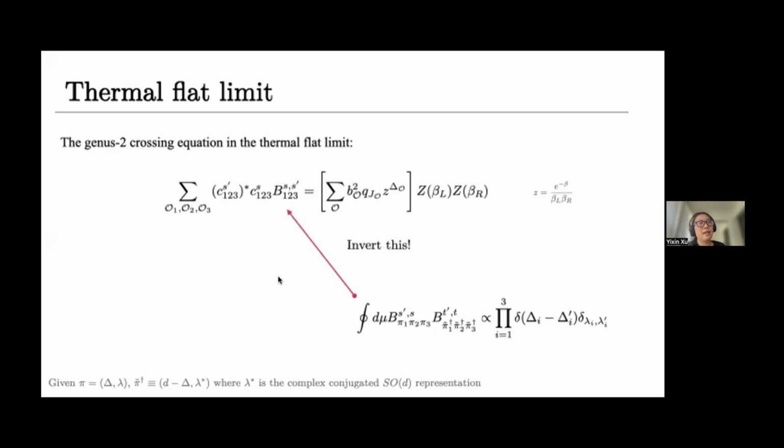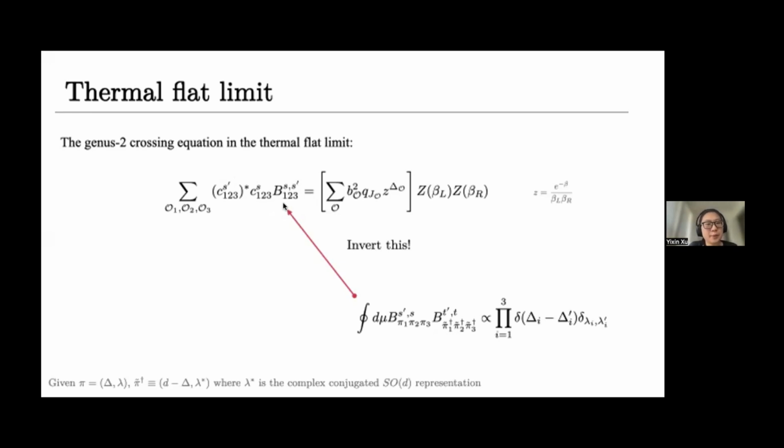In the thermal flat limit, we have our simplified crossing equation, where on the left-hand side, we have a sum over squared OPE coefficients multiplied by a genus-2 block. It might look like no simplification happens here, but what you should keep in mind is that this B123 is actually an asymptotic form in a particular scaling limit.